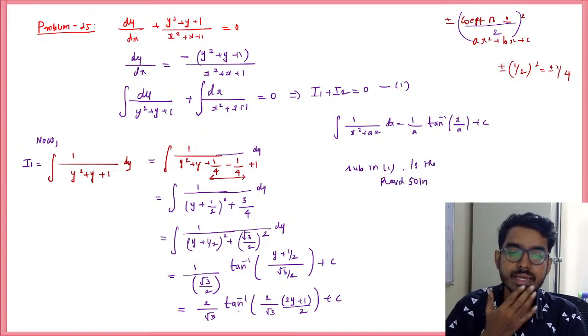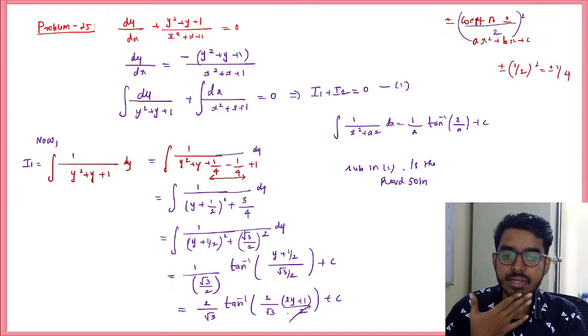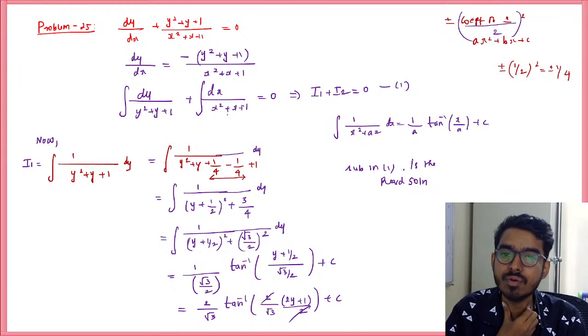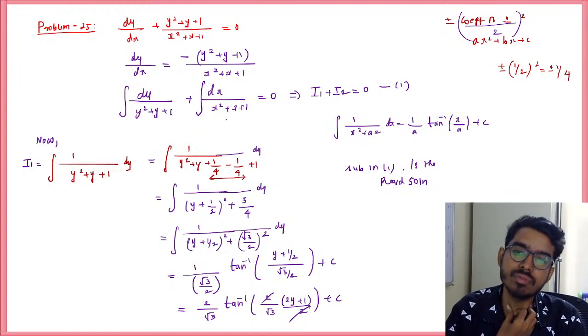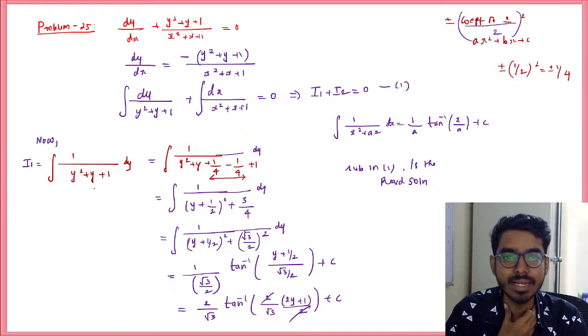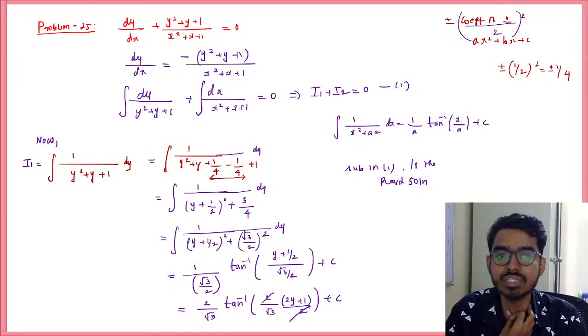We have performed the integral. After that, you just have to put y equal to x to get the value of I2, because both I1 and I2 are the same. So remember the important trick here: whenever you have 1 by a quadratic, you make use of completing the square and this formula, 1 by x square plus a square dx.